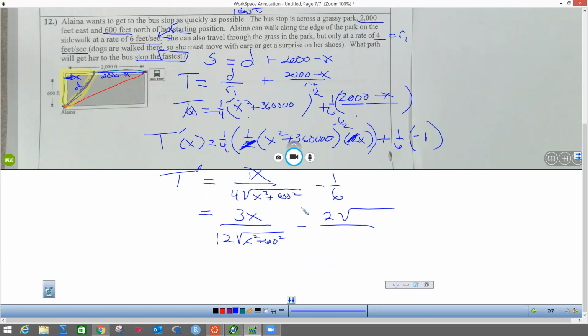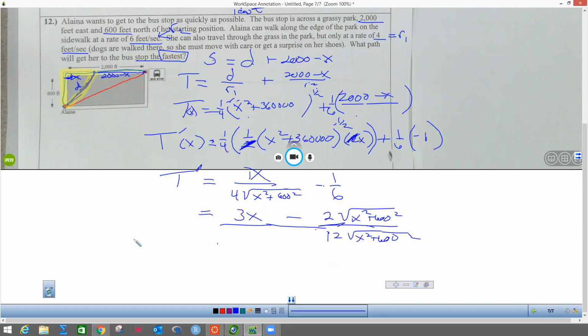And then I'm going to have to multiply by this square root part to get the common denominators. So to save myself some time, since I have common denominators, I can take this top part and put it all over one denominator.